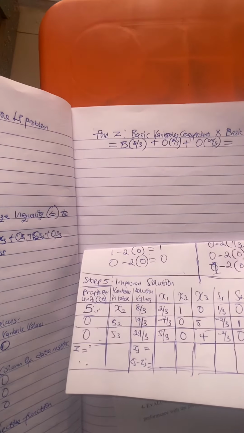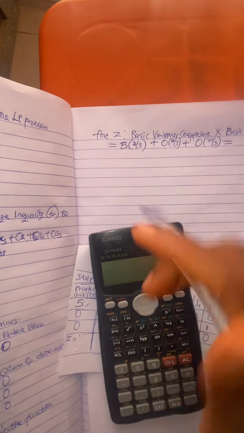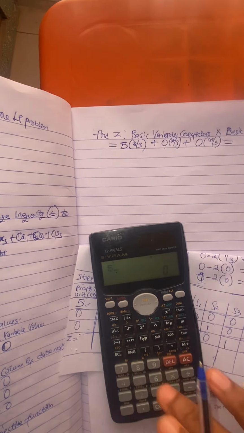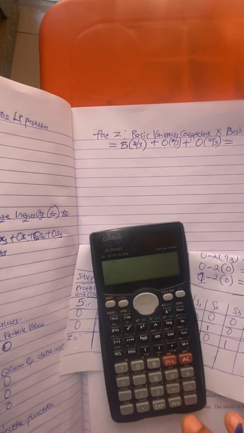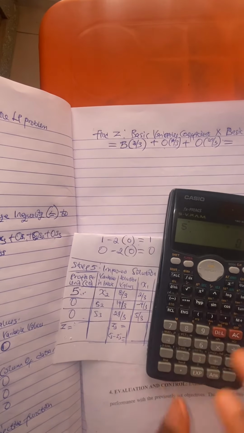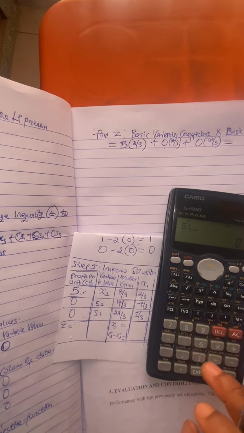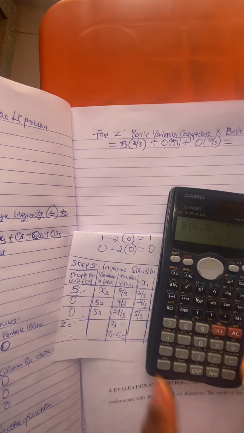And that will give you what? So we all know that 0 times anything is 0. So we are bothered with 5, right? Open bracket, 8 all over 3. That will give you what? 40 all over 3. Wait, 5, right? Open bracket, 8 all over 3, right? Close your bracket.